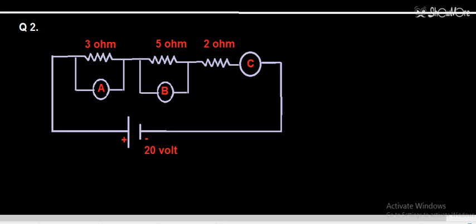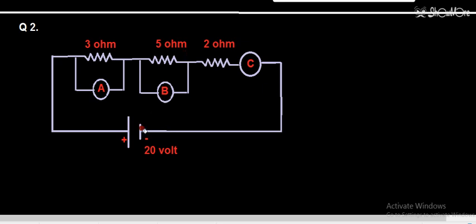Firstly, identify the devices A, B and C. Then find the reading of the A, B and C devices. I hope you can try. So now I am going to solve it. You can verify your answer or check your mistake if you have made any.